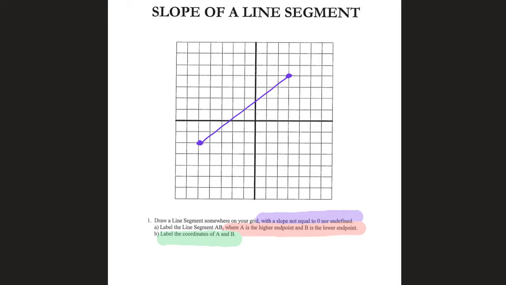Now my labeling instructions say A is the higher end point, so this point must be A, this one must be B. And then it tells me to label on my coordinates. So A would end up being at (3, 4), and B would end up being at (-5, -2). So that would be me going through and following those instructions.